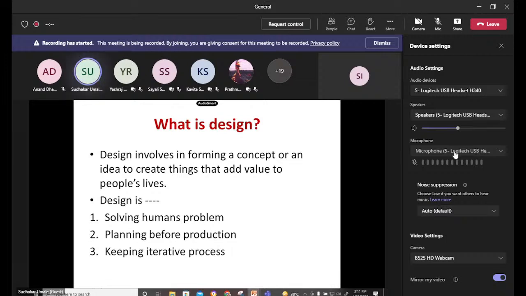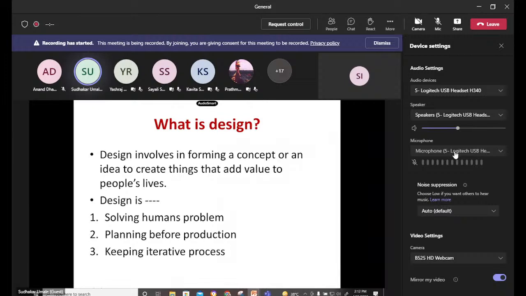And hence, how do all these parameters affect product and process design? For that, we have to consider some factors. The first factor which affects product and process design is the environment. Because of the environment, there are so many changes in the products and processes.